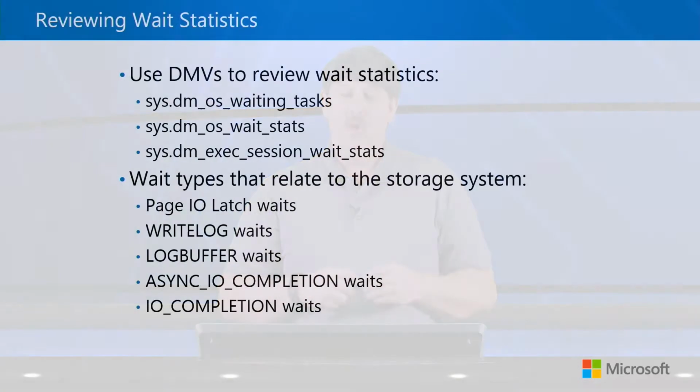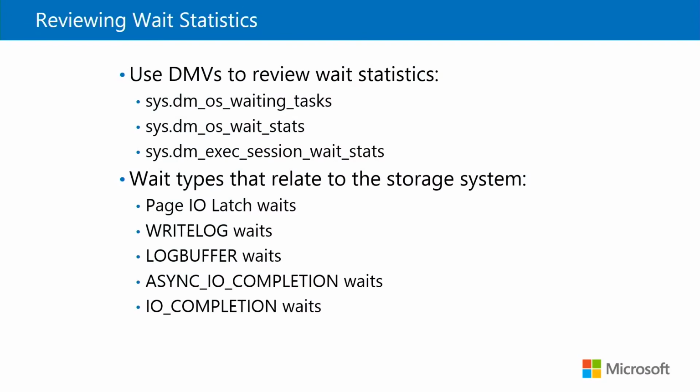We can look at OS waiting tasks, things that the SQL Server OS is waiting to access the environment. We can look at wait stats, just overall statistics for different processes that are waiting for time. And we can also look for session wait stats, which is specific query sessions that are being paused to access I/O environments.